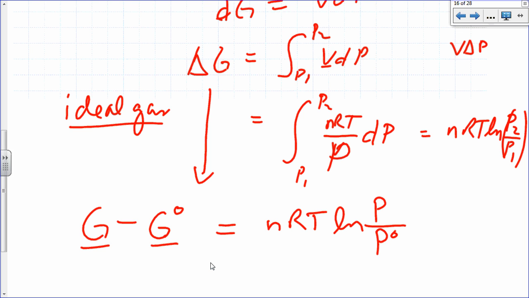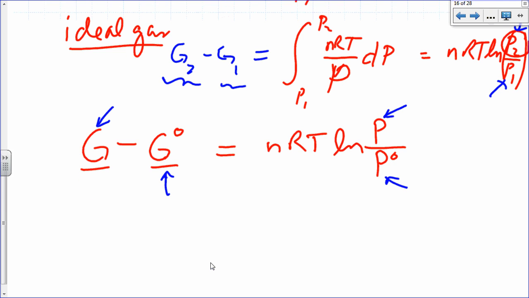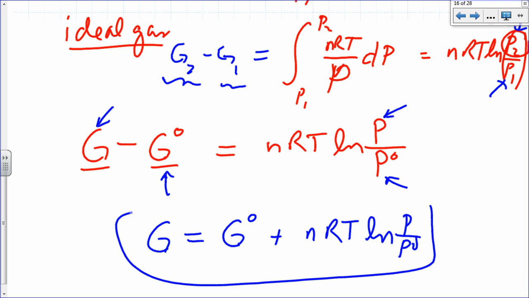Because this would be like G2 minus G1. G2 is the Gibbs energy at pressure P2, and G1 is the Gibbs energy at pressure P1. So G is the Gibbs energy at pressure P, and G naught would be the Gibbs energy at pressure P naught, which is 1 bar. So we say then that G at some other pressure would be equal to G naught plus nRT ln P over P naught. That's for an ideal gas.